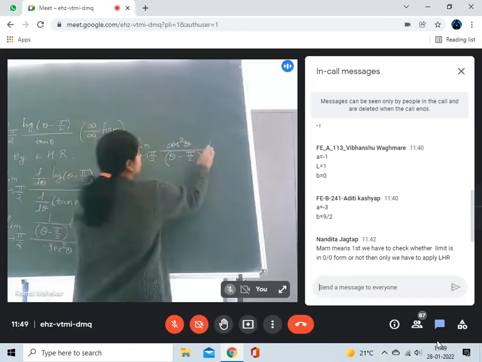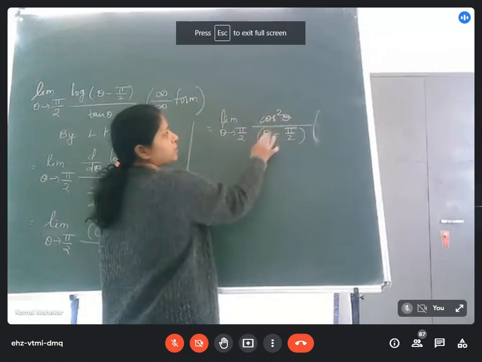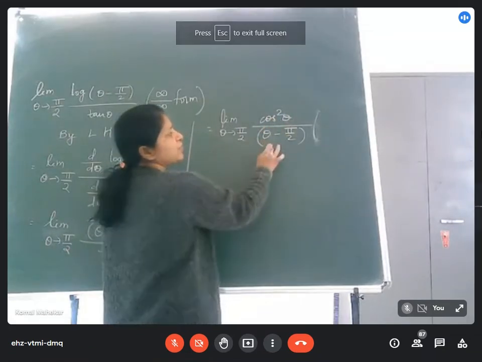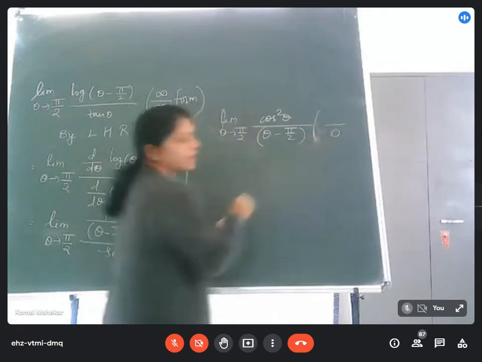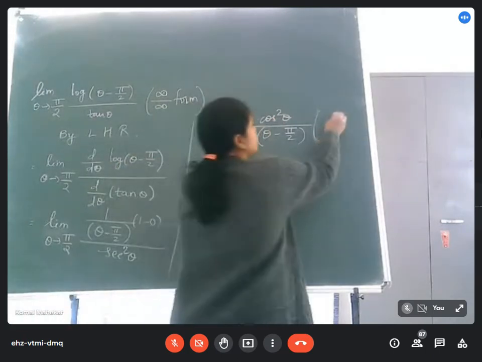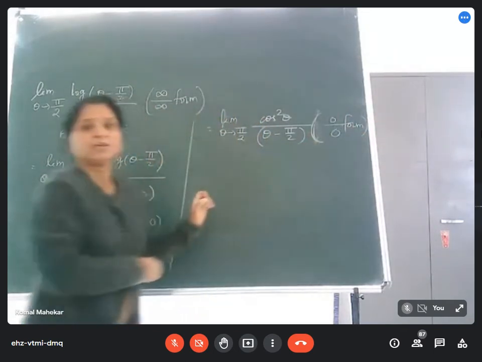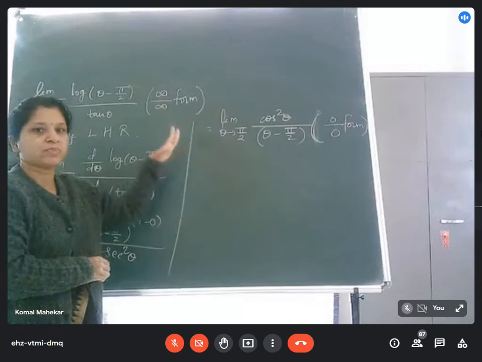If you put theta equal to pi by 2, this becomes cos square pi by 2 upon pi by 2 minus pi by 2. Now pi by 2 minus pi by 2 is 0 and cos pi by 2 is also 0. So this infinity by infinity form is converted into 0 by 0 form.